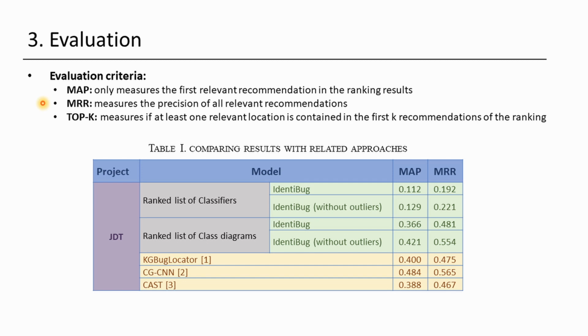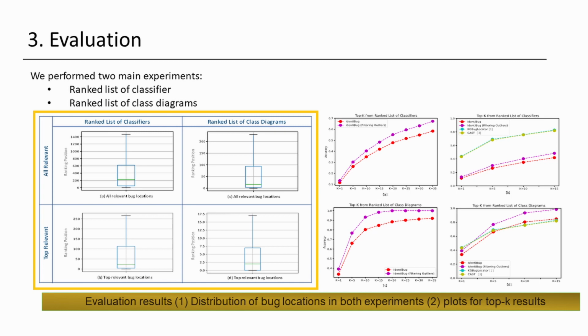MRR, or mean reciprocal rank, measures the precision of all relevant recommendations, and top K measures if at least one relevant location is contained in the first K recommendations of the ranking. The left figure shows the distribution of the relevant bug locations collected from all computed rankings, the top ones in our set of bug report test samples.